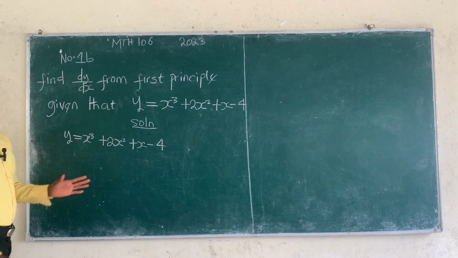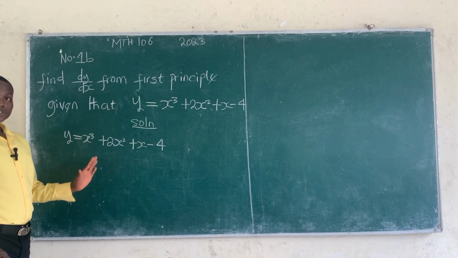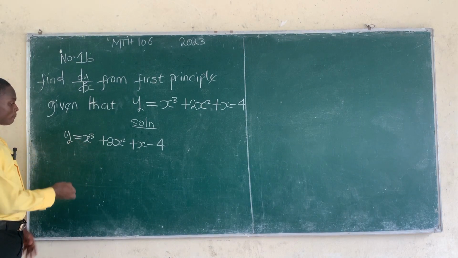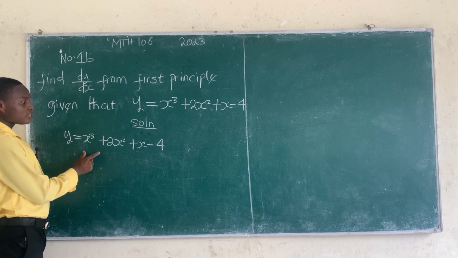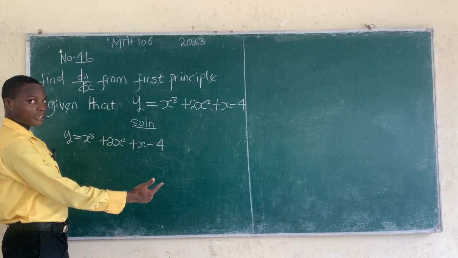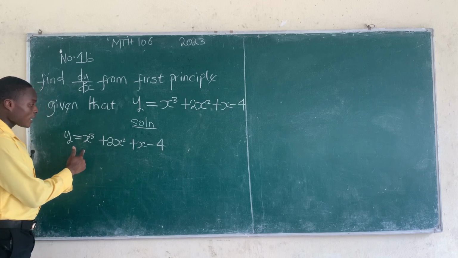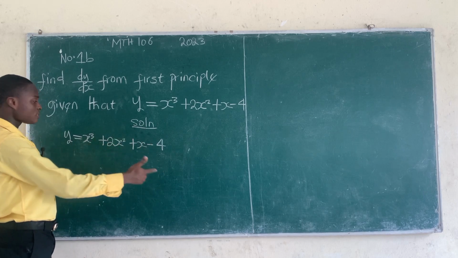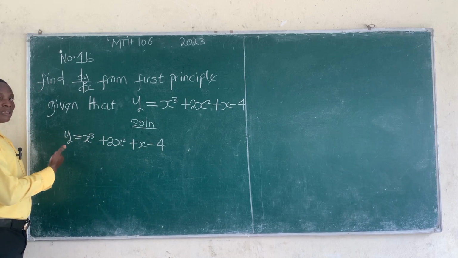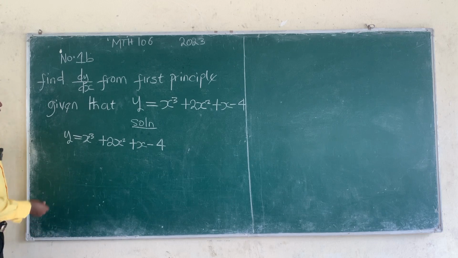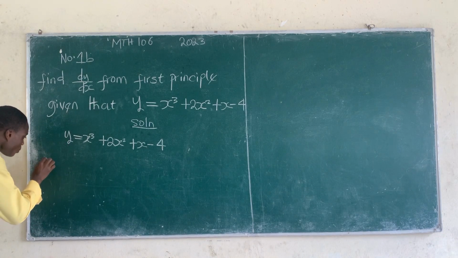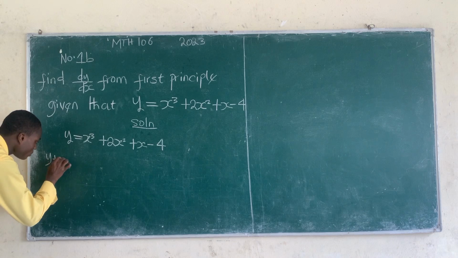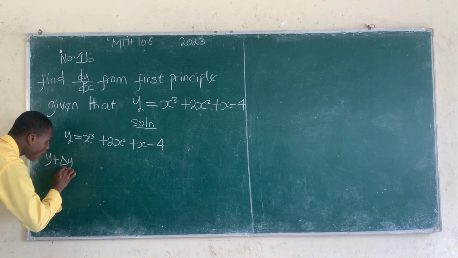And please take note, for the first principle, first thing we are going to do is to add increase in y to the left hand side and increase in x to the right hand side. In place of x, we add x plus increase in x, and in place of y, we add y plus increase in y. So our first start there is to add increase in y there.